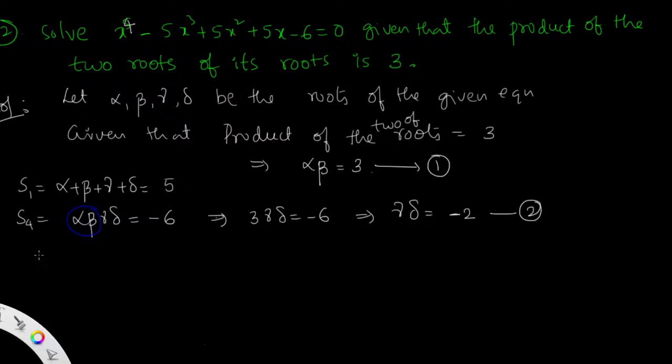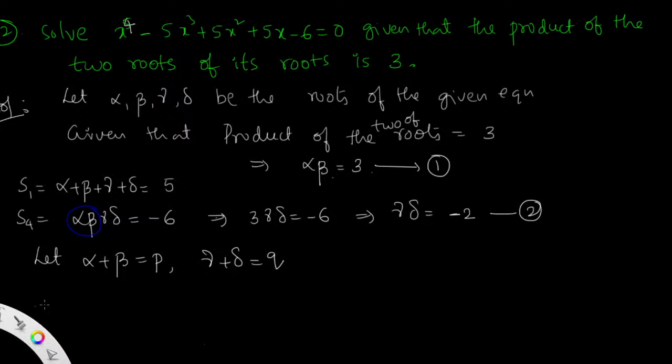Therefore, let alpha plus beta equal to p, and gamma plus delta equal to q.